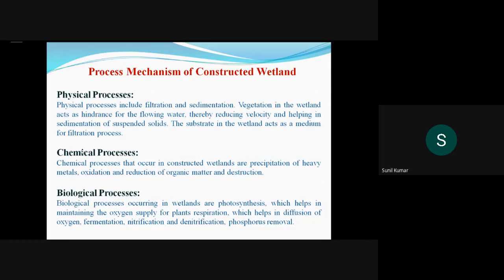All these happen inside the root zone media, which I showed on the first slide, where the plants are grown and there is a media. This is called a reactor. In this reactor, all these processes are taking place simultaneously and concurrently.